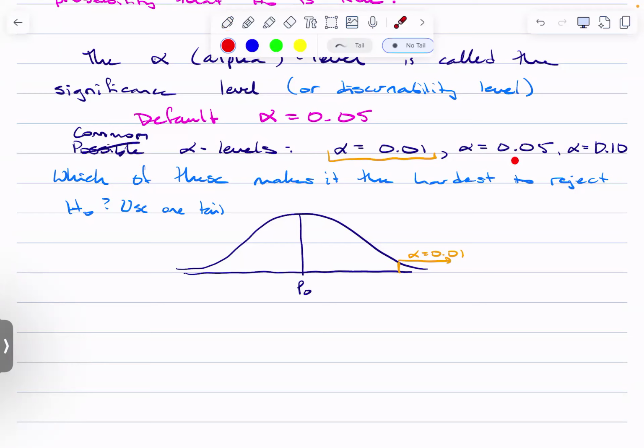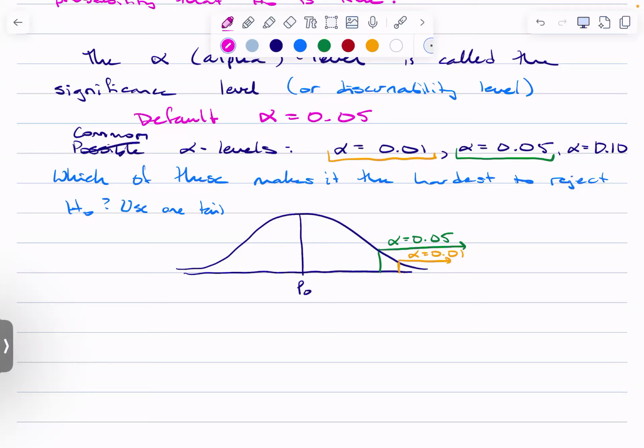If alpha is 0.05, then I have more area in the tail, and so now I can move in a little bit. I'm just doing it to visualize. It doesn't have to be exactly to scale, as long as you're drawing it in the tails.